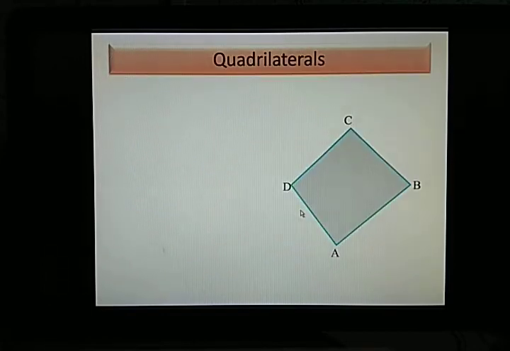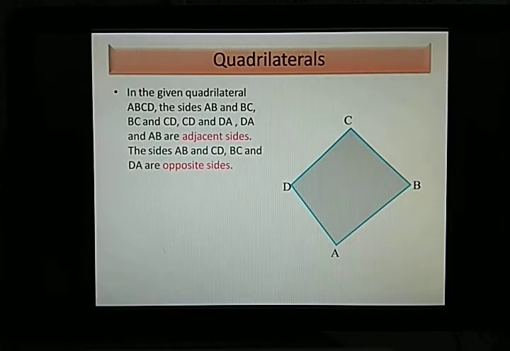same diagram. Now we have already learned what are the sides, what are the angles, what are the vertices. Now there is also a term called adjacent sides and opposite sides. So what are these things? Let us see. In this same diagram, we have adjacent and opposite; we all know what is opposite.